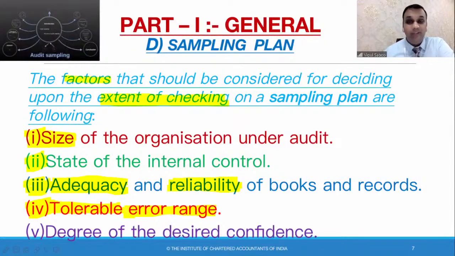But if 10, 15, 20 invoices are missing, they would exceed his tolerable error range. This is out of my scope, out of my tolerance level. What is the deal with the client company? Where are their invoices going? Why are they missing? 2 or 3 is a common general problem, it is completely fine.